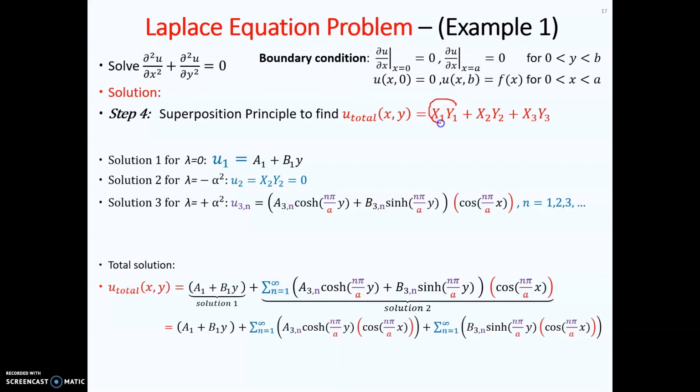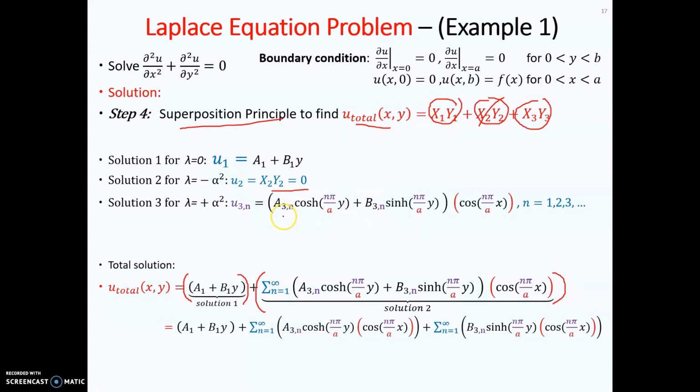So you need to combine the solutions from case 1, case 2 and case 3 to obtain the total solution. So this is called the superposition principle. Since case 2 is equal to 0, you just take the summation of the first solution and the second solution from case 3.